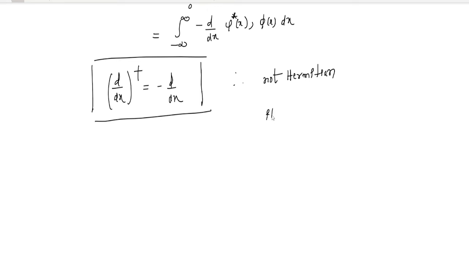It is anti-Hermitian. We know A dagger equal to A is Hermitian, and A dagger equal to minus A is anti-Hermitian.